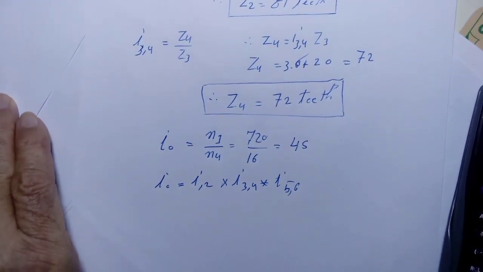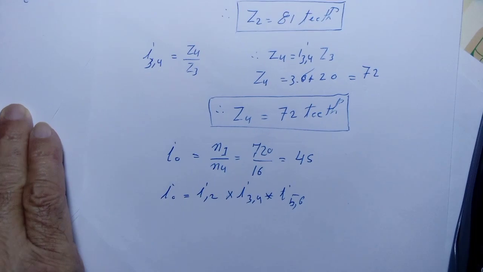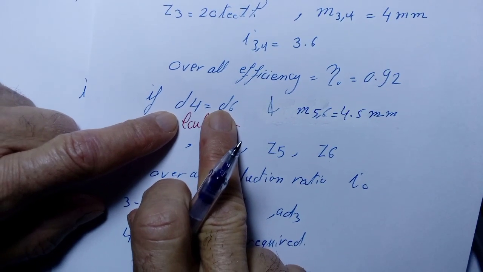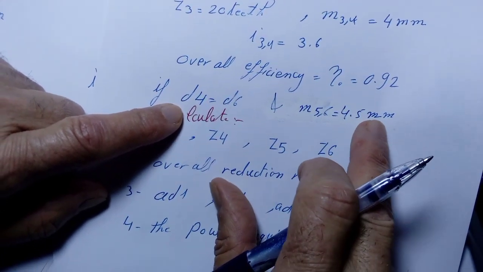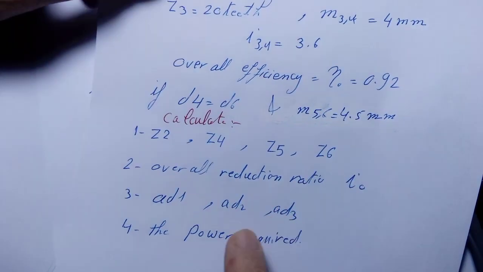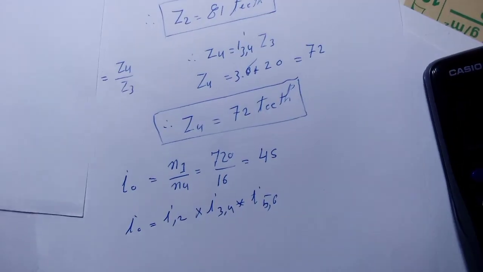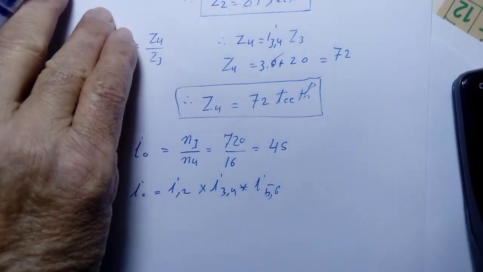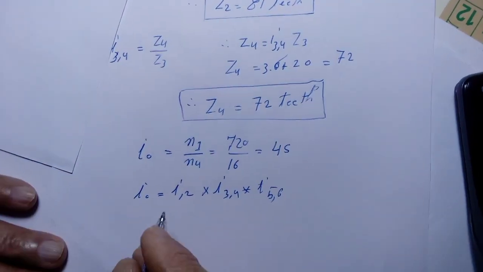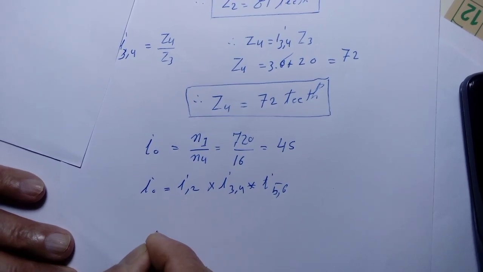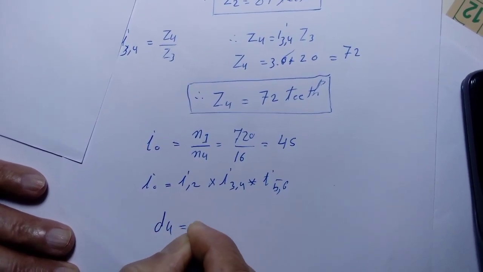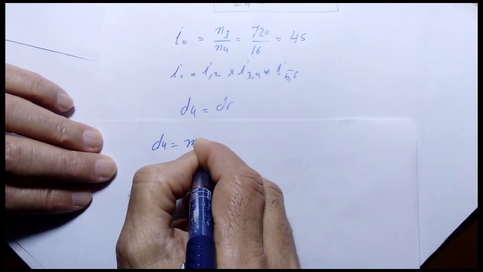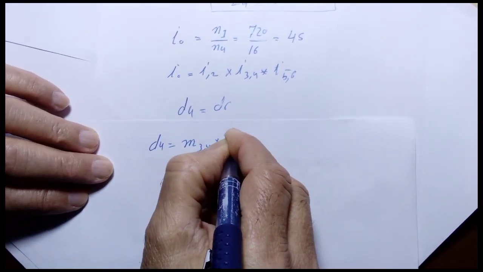Now he says that D4 is equal to D6, and the module M56 is equal to 4.5 millimeters, so we still need Z5. D4 is equal to M34 multiplied by Z4.